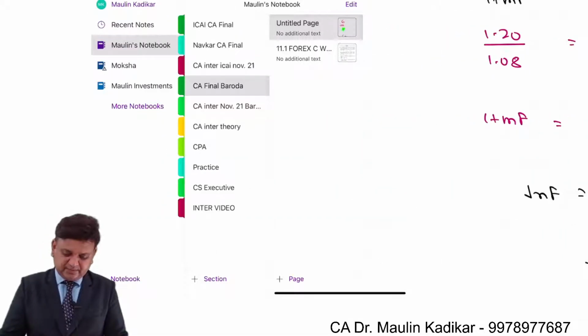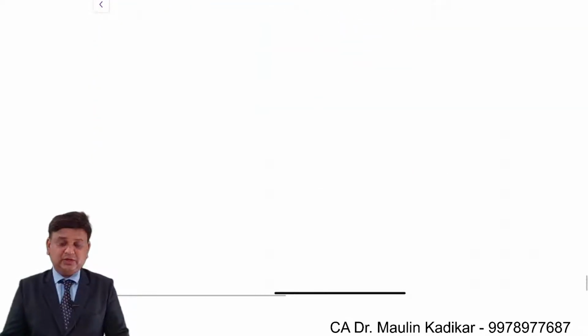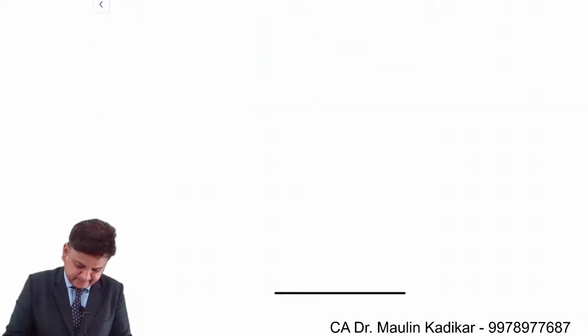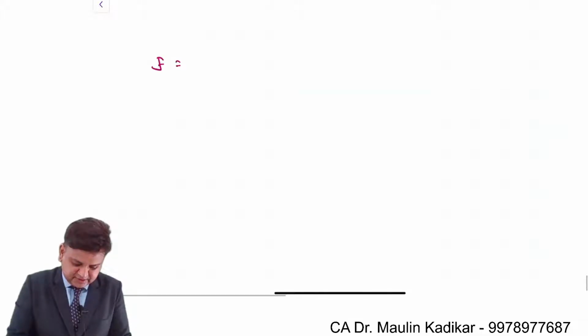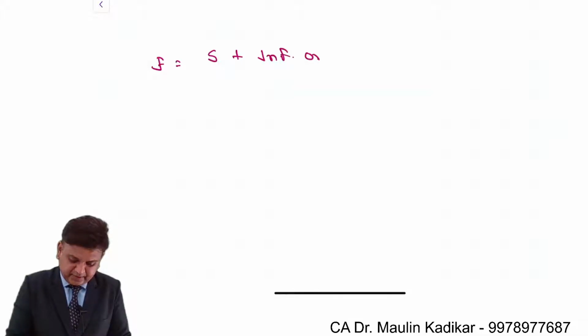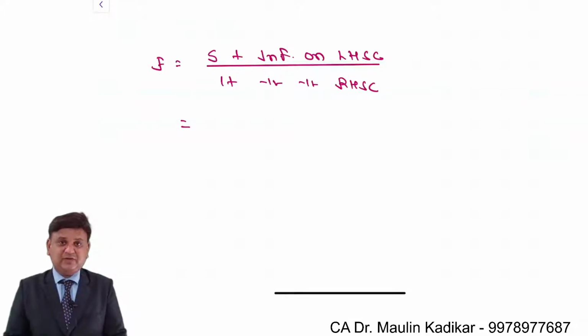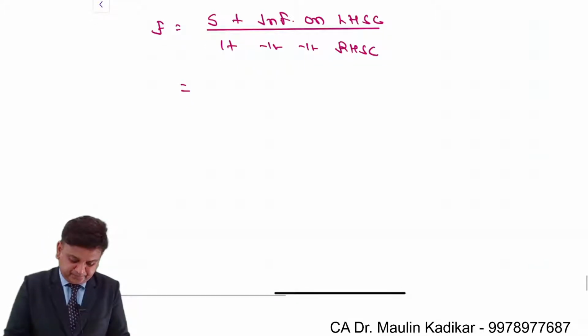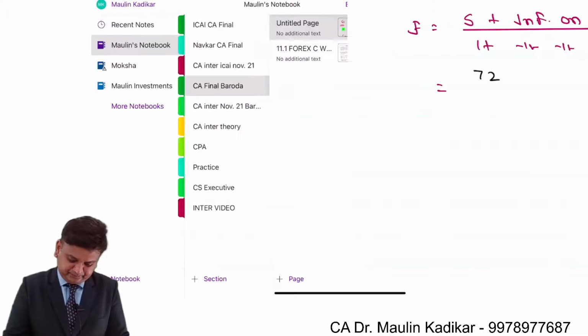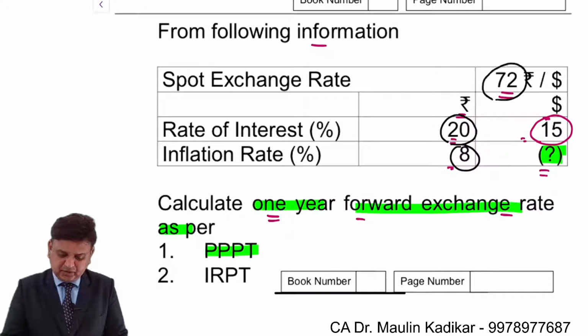Now let us make the computation of the forward exchange rate using PPPT. So forward exchange rate is spot into 1 plus inflation on left hand side currency divided by 1 plus inflation on right hand side currency. This is the way the forward exchange rate can be found. Spot is 72. For rupee currency, the inflation rate is 8%.